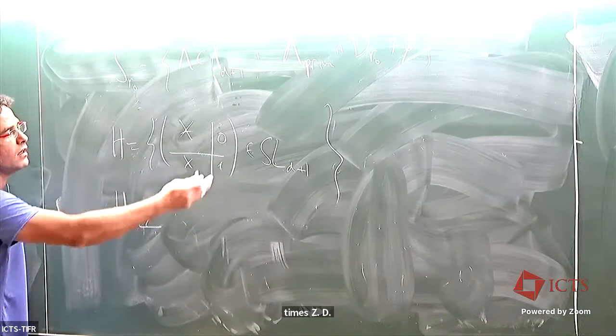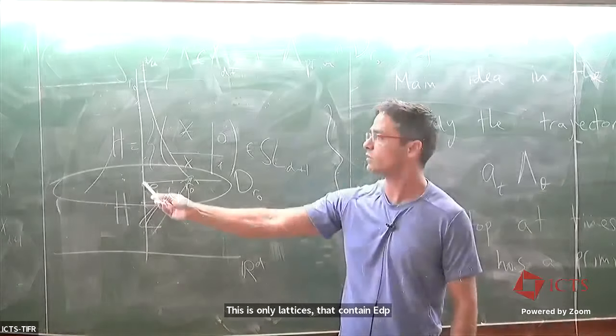So that's one observation. But this is not my full cross-section. This is only lattices that contain e_{d+1} as a primitive vector. Now I need to move it.